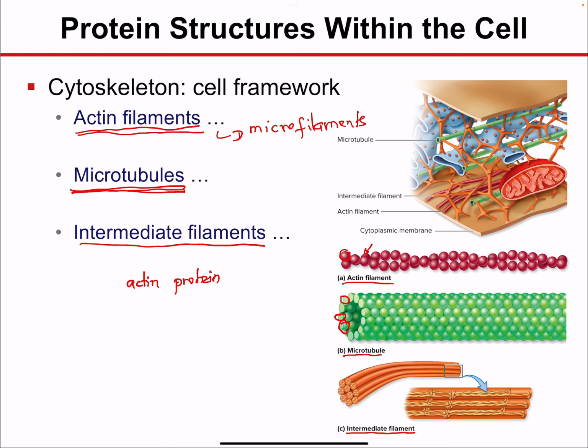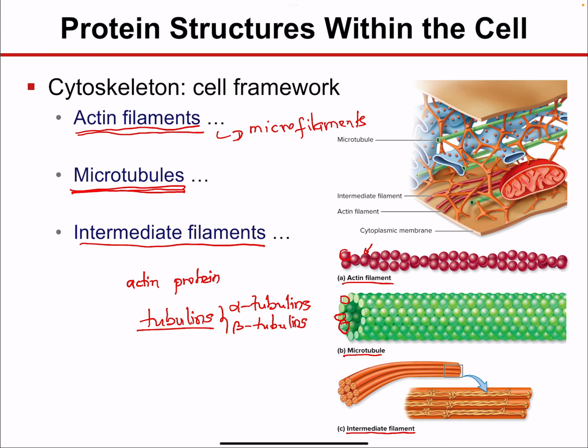So how about the building blocks here? The building blocks in the microtubules are called tubulins. These are tubulins. Okay? You have two kinds: alpha tubulins and beta tubulins.